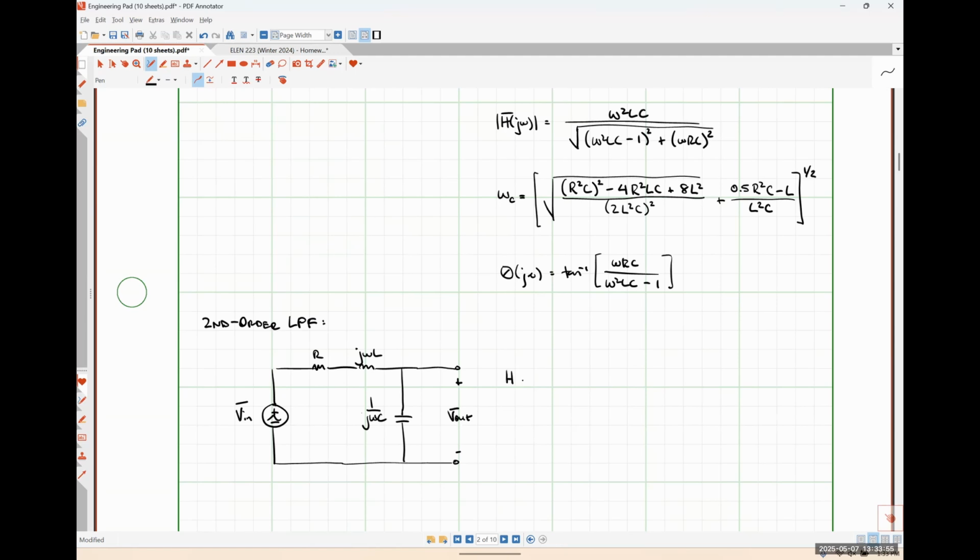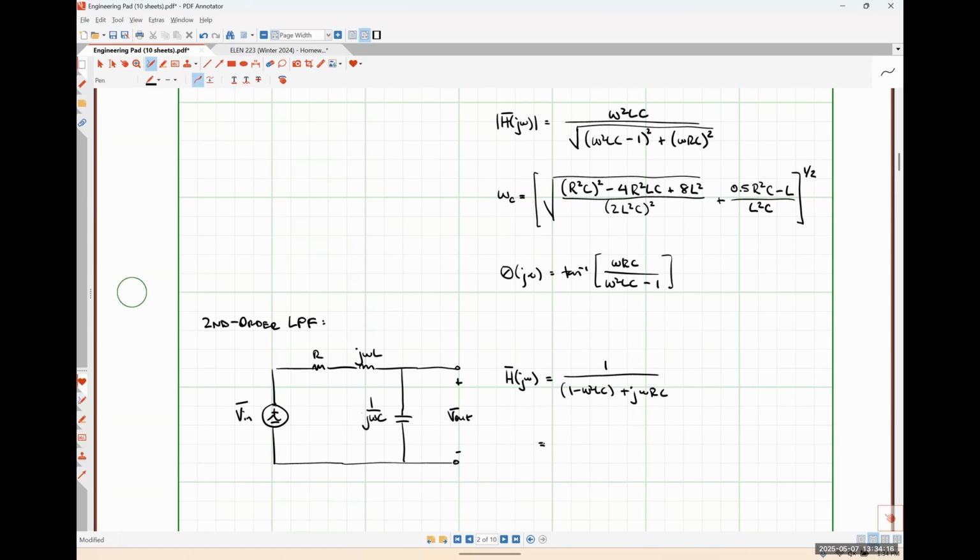And let's see, so our transfer function comes out looking like 1 over 1 minus omega squared LC plus j omega RC.